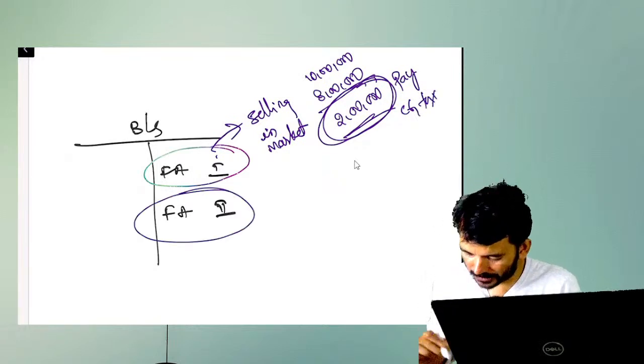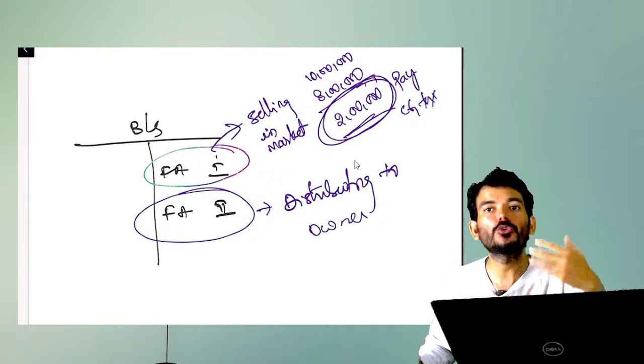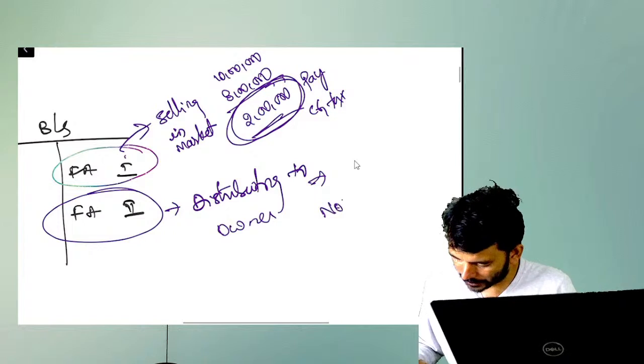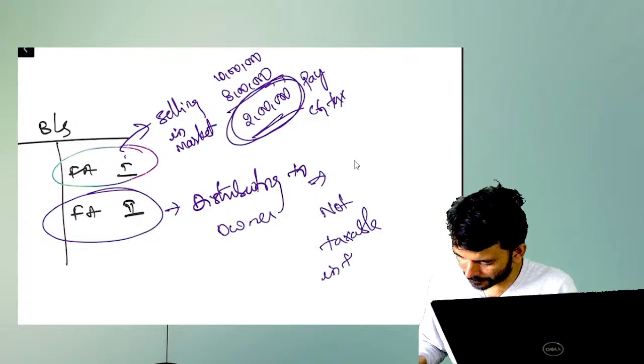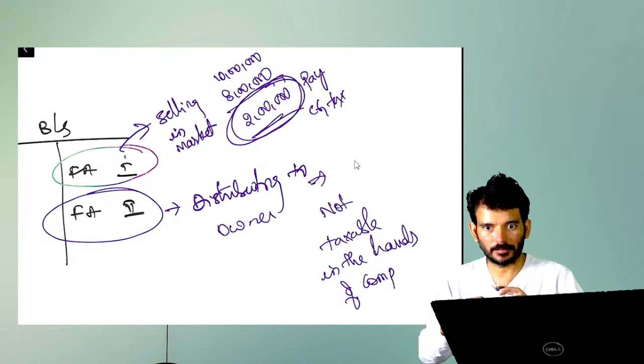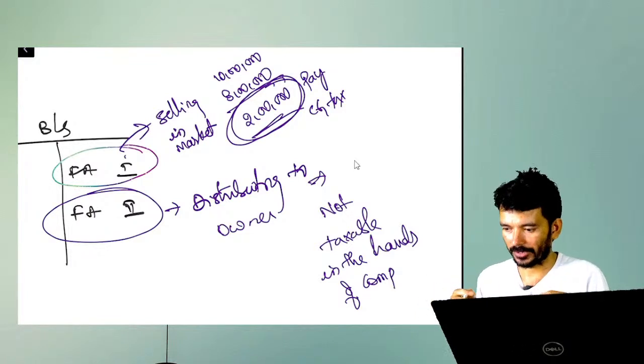This is the second, fixed asset 2. I am distributing it to the owners. I am giving it to you only, right? Now, it is not taxable in the hands of the company. Hope it is clear. I'm spending more time because it becomes a bit of rocket science.